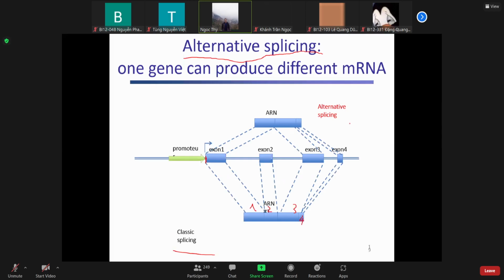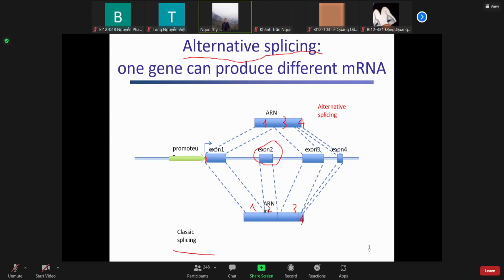But in an alternative way of splicing, the process somehow skips exon number 2, so the new mRNA includes only exon number 1, number 3, and number 4.